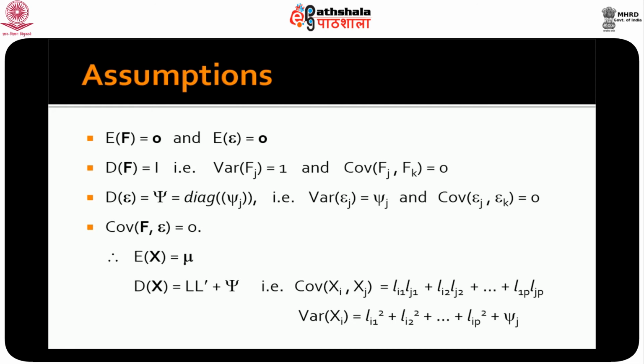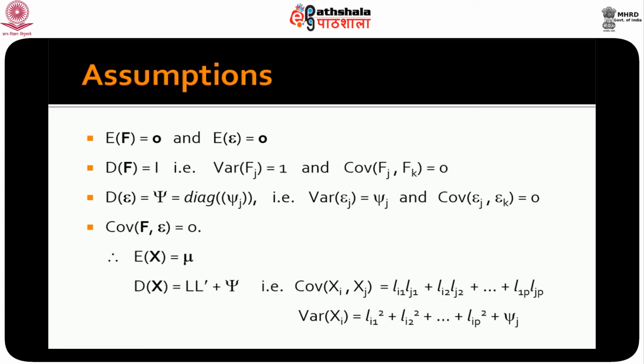Again, what we are assuming, and this is very logical, is that the different specific factors are independent of each other, and more importantly, they may or may not have the same variability. That is, diagonal elements are non-zero and they may not be equal to 1. So, unlike for the f, we are not assuming that the variances of the epsilon j's are the same.